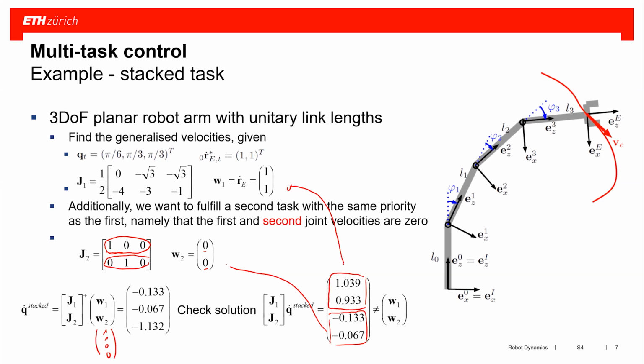Then the second question was, shouldn't W2 mean the end effector velocities? Well, what we did here was a general setup. Every task is composed of a Jacobian and a W, and the W is the goal that we want to achieve with that task.